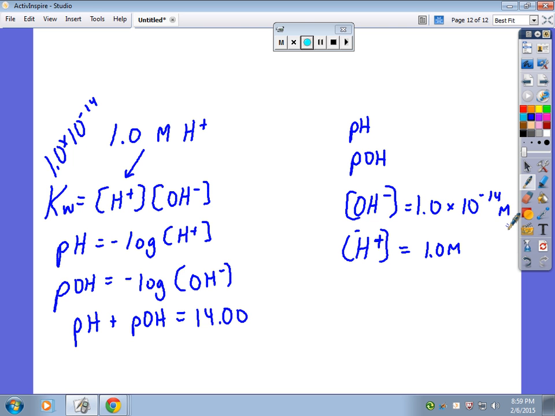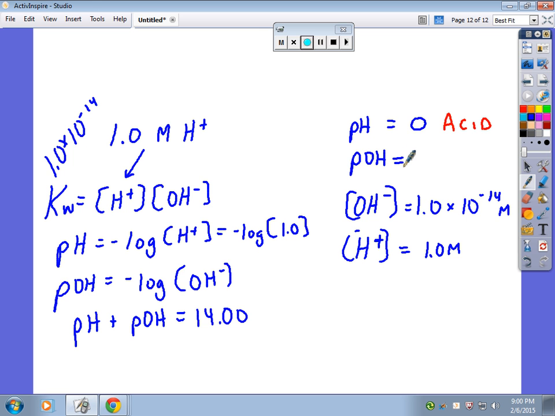And they can tell you right now that if you take the negative log of your hydrogen ion concentration, negative log of 1.0 molar, you get a pH of 0. What's a pH of 0? Well, I'll tell you right now, that's a big acid. That's a super acid. It's below 7, it's right at 0.